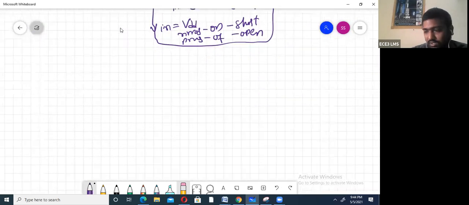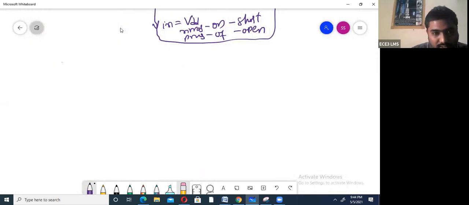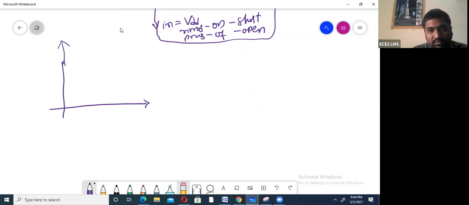So here one thing you have to understand is that the output graphs are the same for any circuit. That may be a pseudo NMOS inverter, a CMOS inverter, or a depletion load NMOS inverter. Suppose in DC analysis the x-axis, which is the input, is swept with voltage from 0 to VDD. The x-axis is fixed; on it we can't take current or time.